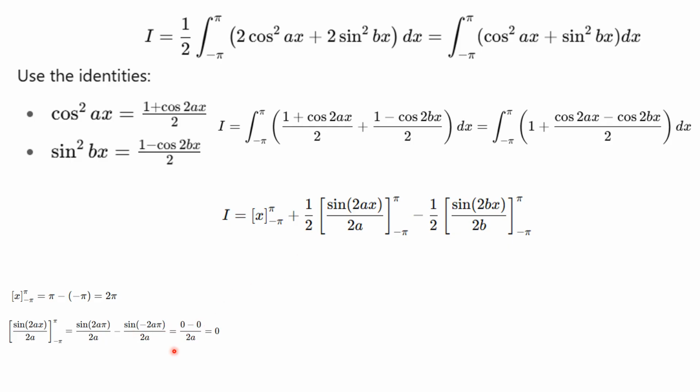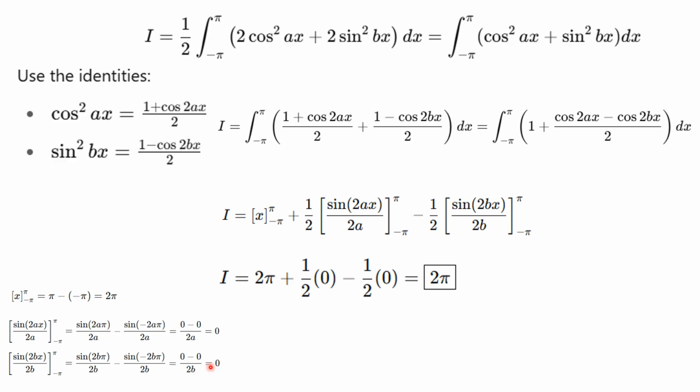Therefore, the second term becomes 0. Similarly, the third term is also 0. The only difference is in the first term we have a, in the second term we have b. Therefore, sin 2bx by 2b between minus pi to pi is 0. Therefore, I becomes, the first term is 2 pi and the remaining two terms are zeros. Hence, the answer is 2 pi.